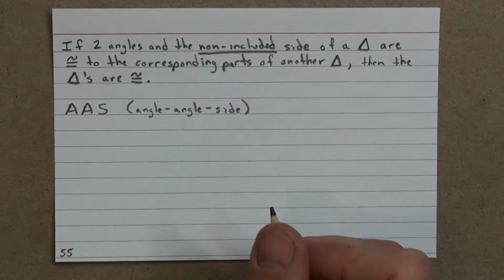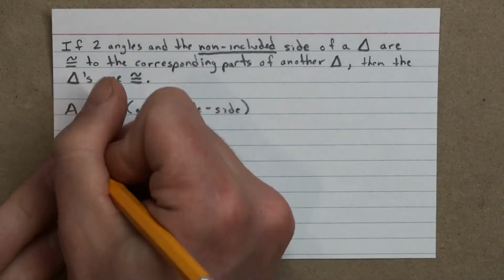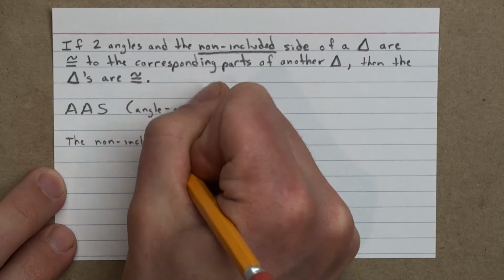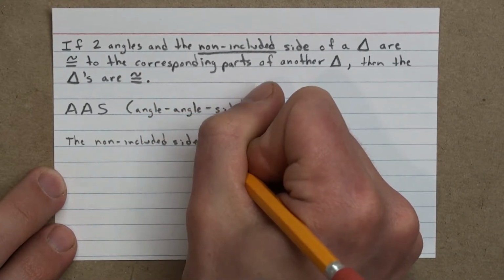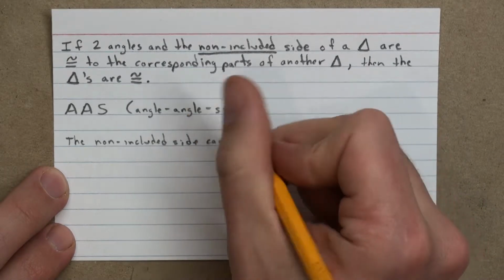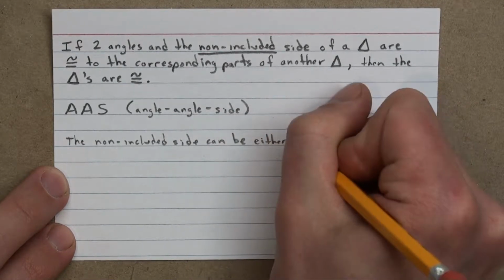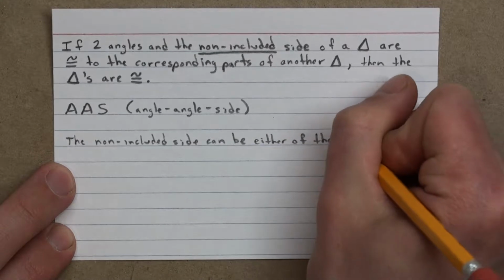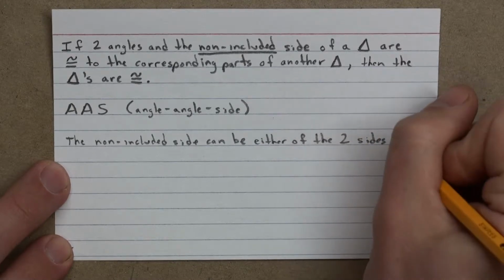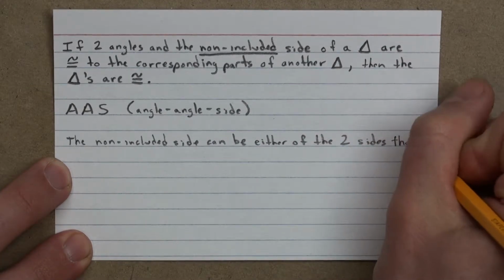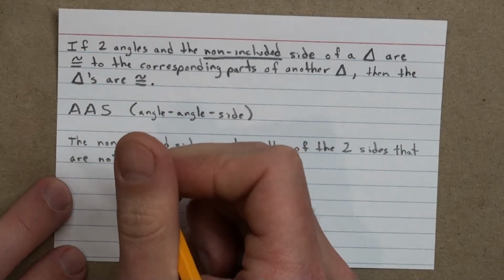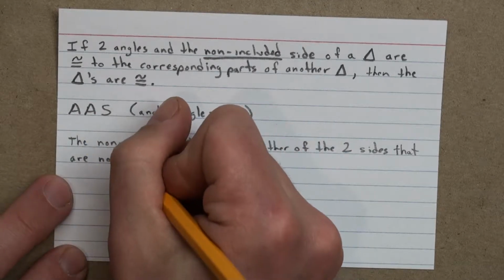Alright, and the non-included side can be either of the two sides that are not between the two angles being used.